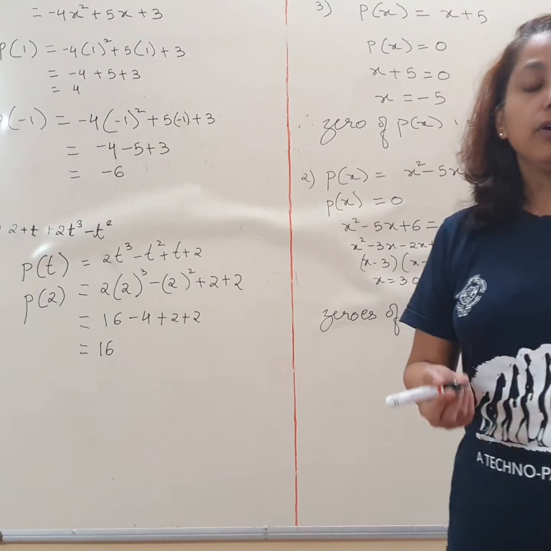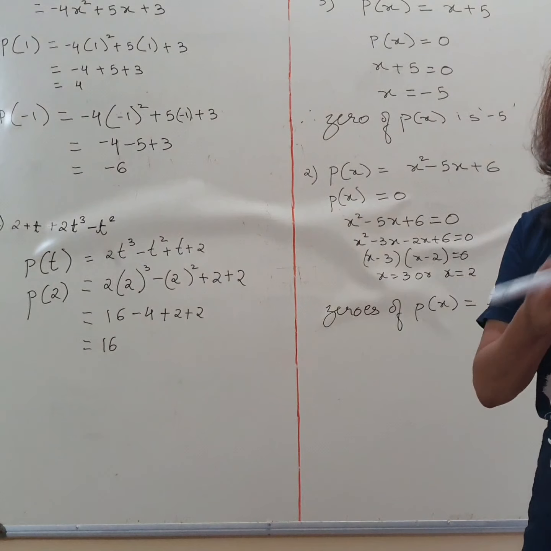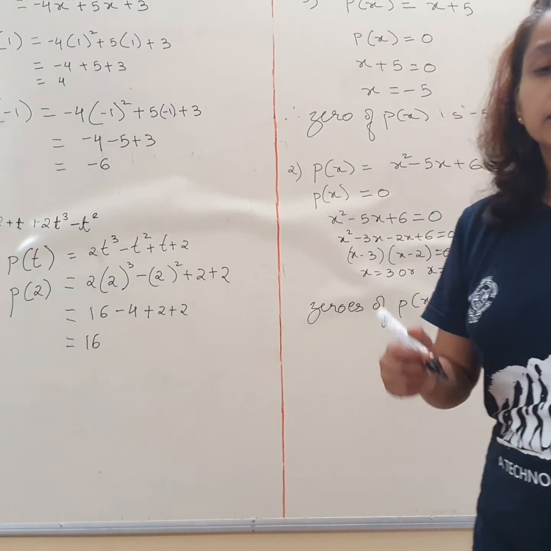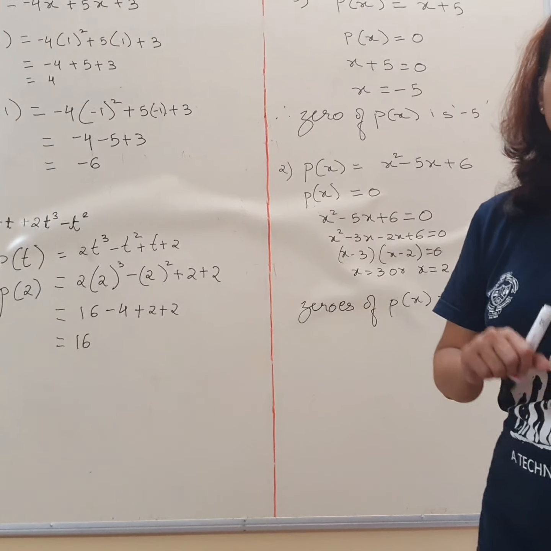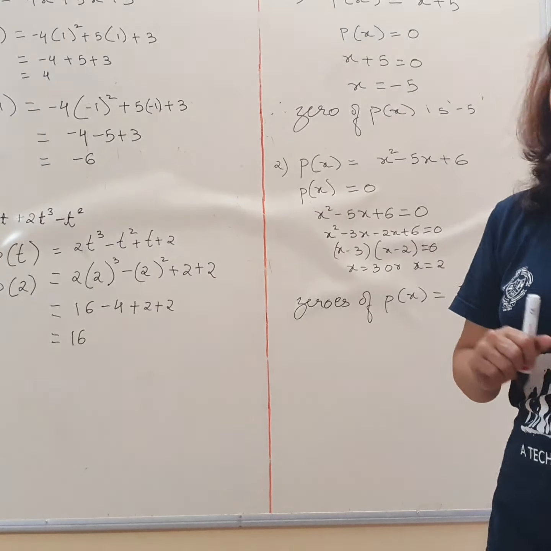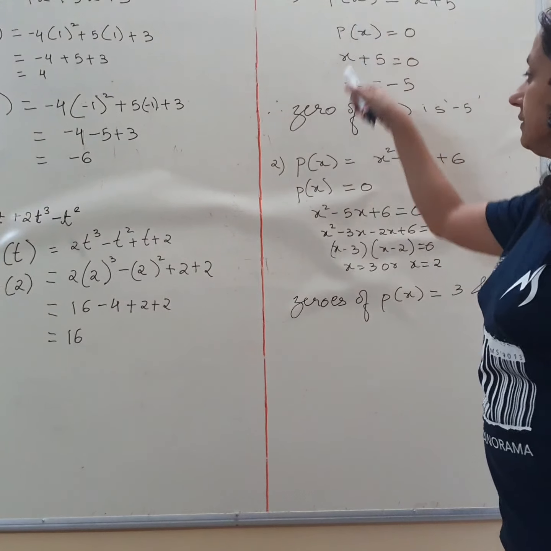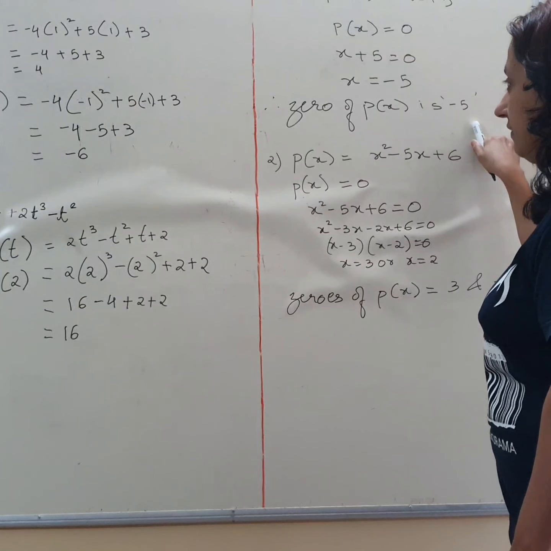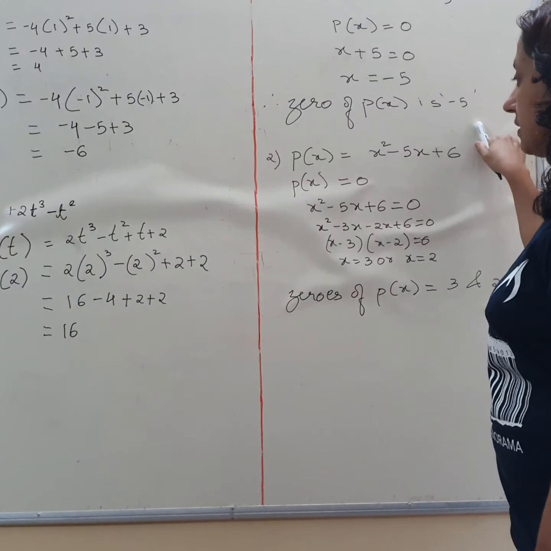Now my question to you all is whether every time the 0 of a polynomial will be 0. We have seen that in this case, since it was a linear polynomial, the 0 is minus 5. The degree was 1, so you got 1 zero.